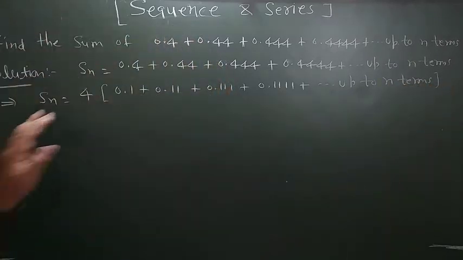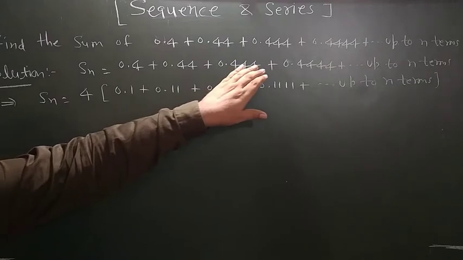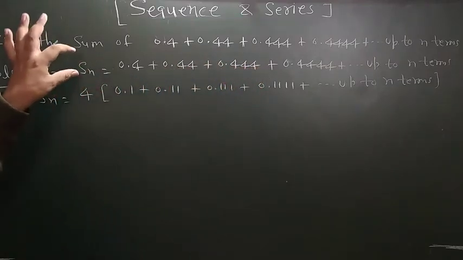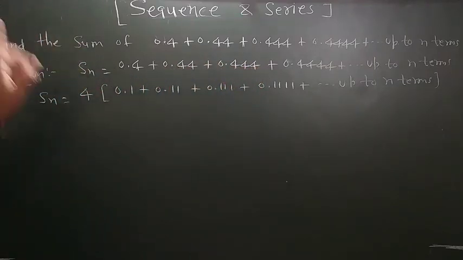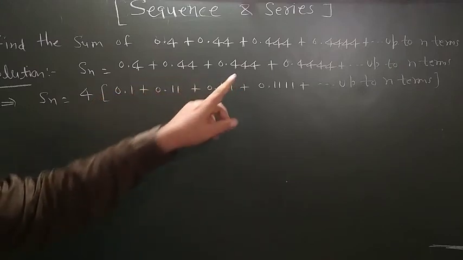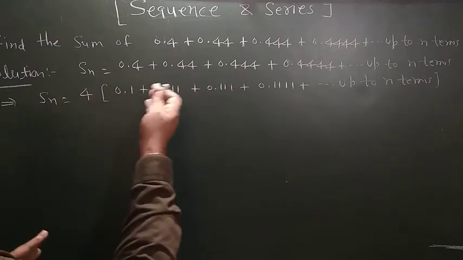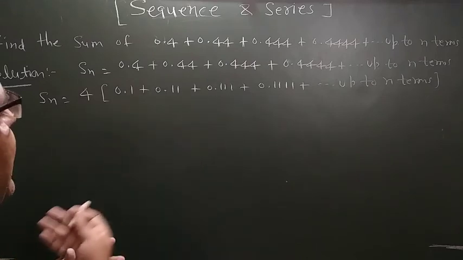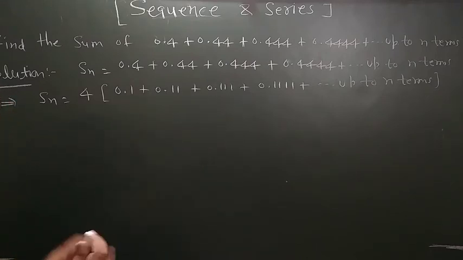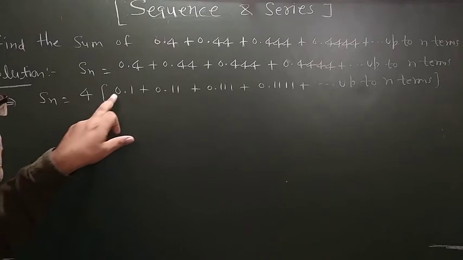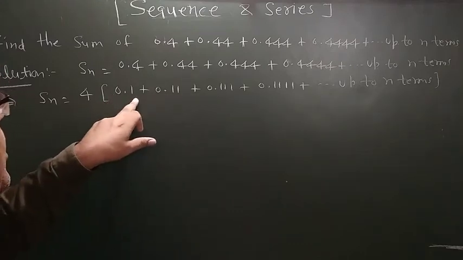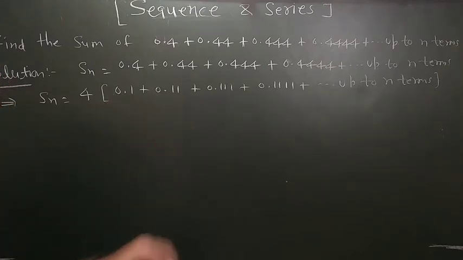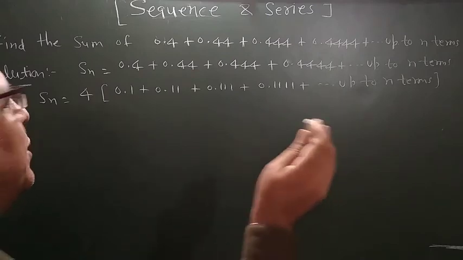First, write the sequence equal to Sn because we want to find the sum of n terms. Now take 4 common. Don't take 0.4 common, otherwise you will have a problem in selecting and setting the terms inside the bracket. Sn equal to 4, and inside the bracket we have 0.1, 0.11, 0.111, 0.1111 up to n terms.